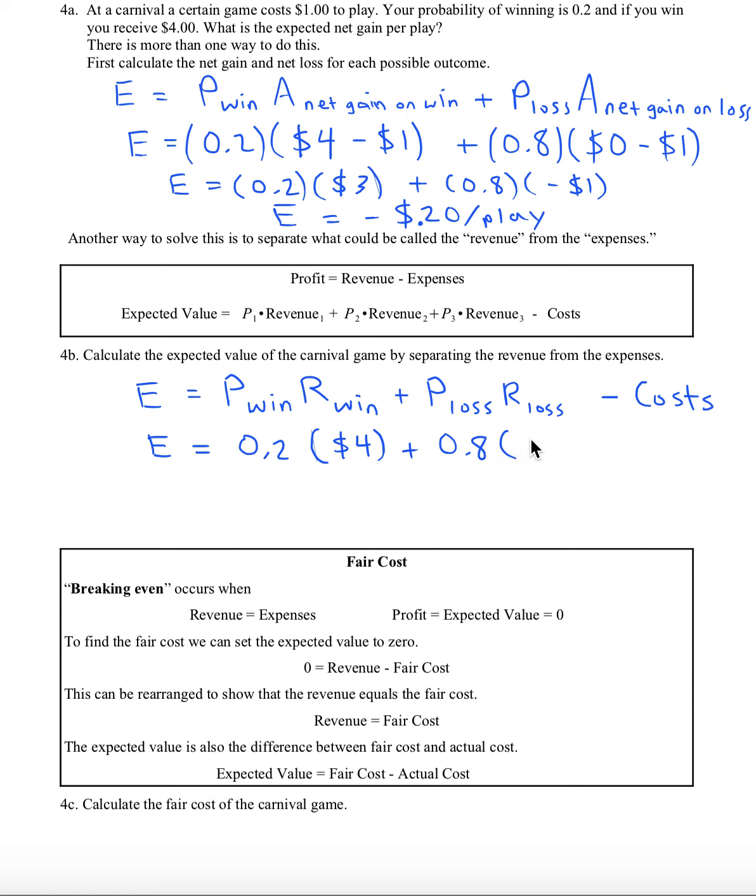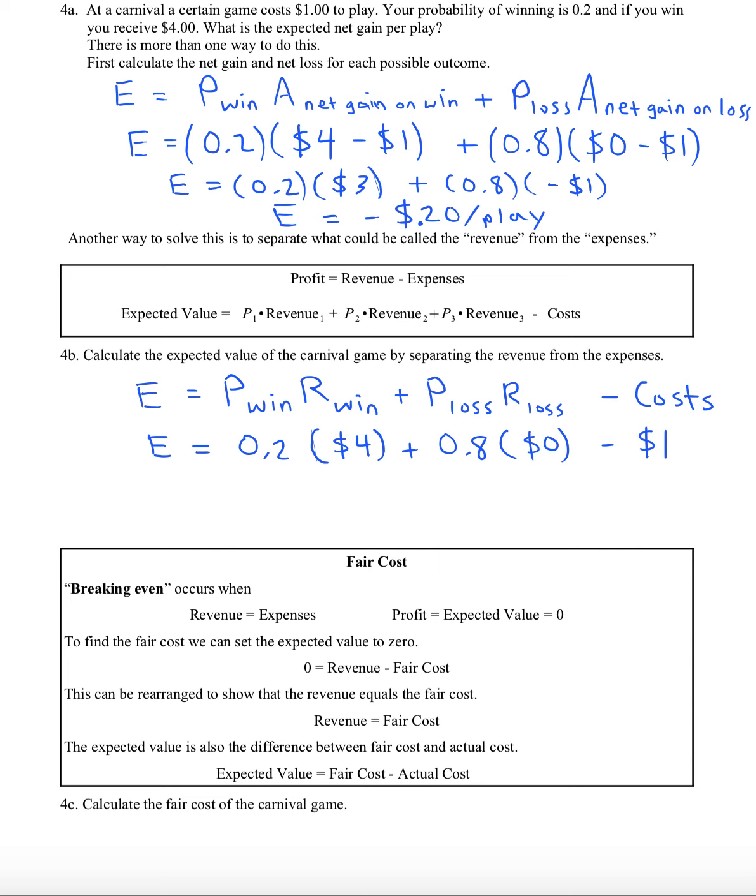But when it comes to losing, you're not going to get any money back. Notice how I didn't take into account the cost of the game yet. That's because the cost is certain. You have to pay it every time you play. So it's a probability of 100% that we're going to have to pay $1. That's why we can put the costs on the outside.